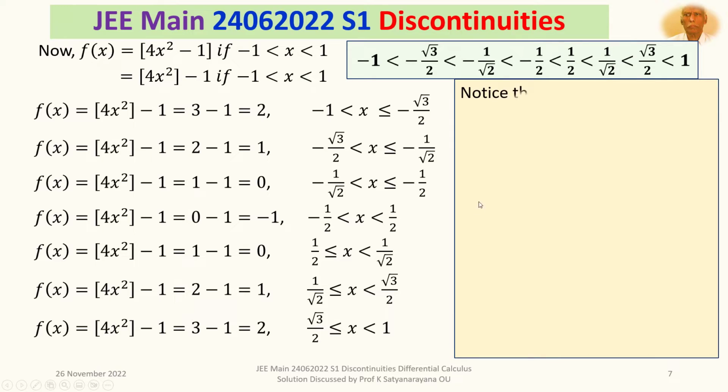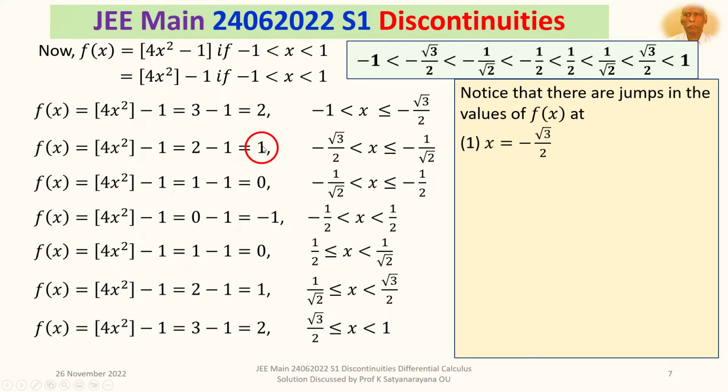So notice that there are jumps in the values of f(x) at x = -√3/2. There is a jump from 2 to 1. So at x = -√3/2 it jumps.